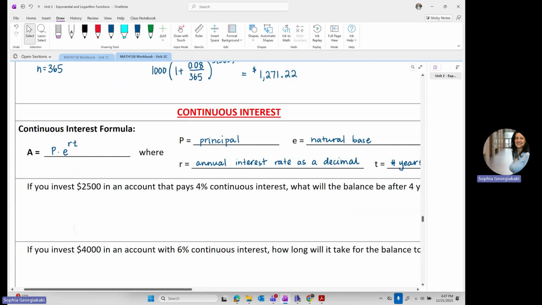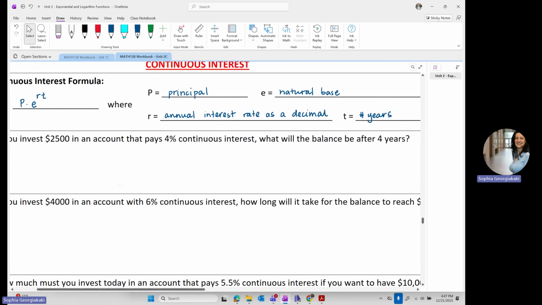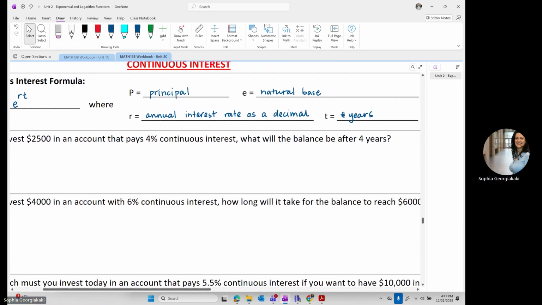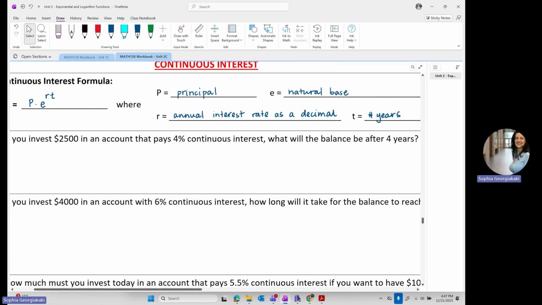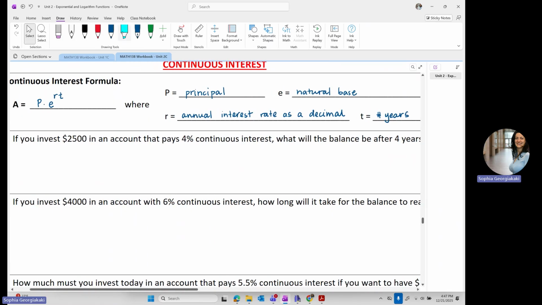So if I have an account of 2,500 that pays 4%, what will the balance be after 4 years if it has continuous interest? That's the key word here. So I'm going to apply the formula, 2,500 E to the 0.04 times 4.